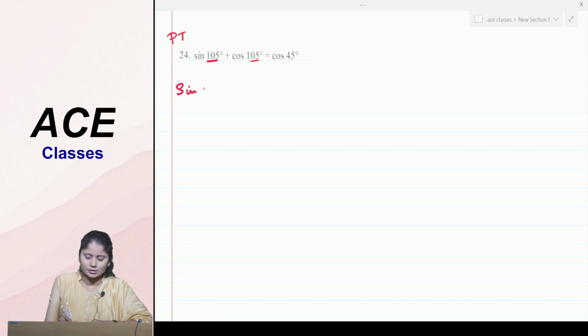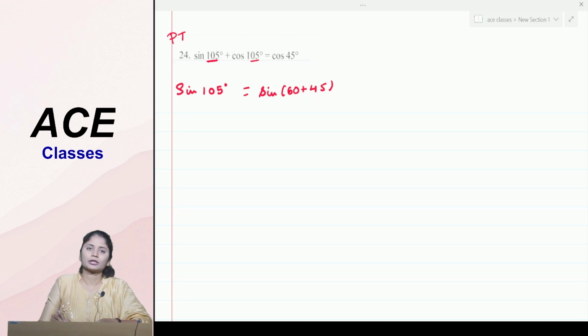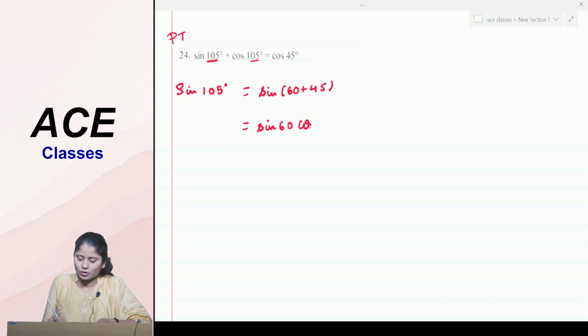I will write it in terms of the sum or the difference of two standard values, that is 60 plus 45 or 45 plus 60. Okay, I can write this 105 degree as 60 plus 45 degree. So I will use the formula which is sine of a plus b. So that is sine 60 cos 45 plus cos 60 sine 45.